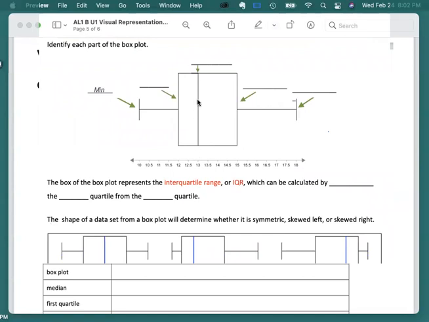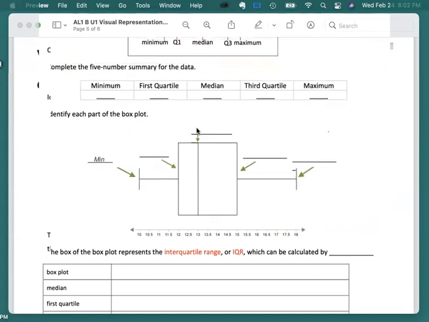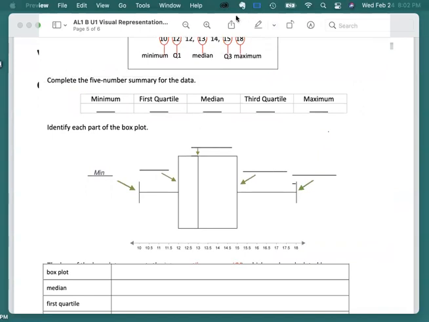So this big line in the middle here is the median. So that is 13. 13 is the median, it's the number in the middle. The smallest number is the minimum, which is 10. The largest number, the maximum, is 18. And then we have our quartiles.